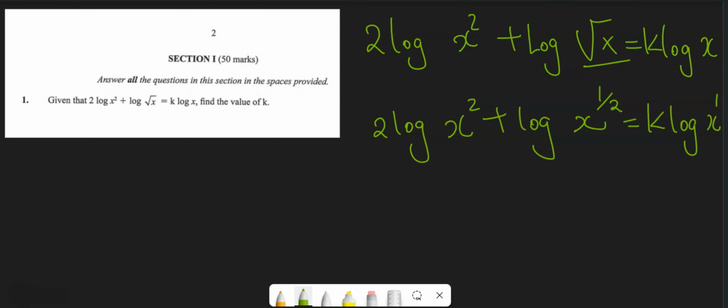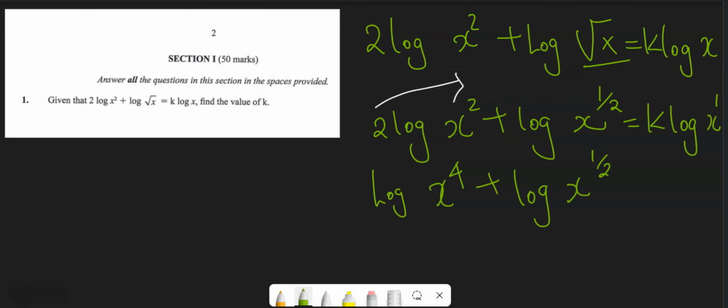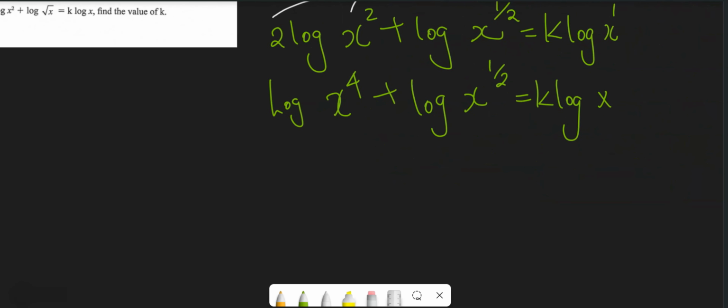We can still take this 2 to the top. How do you do that? This becomes log x power 4 plus log x power half equals k log x, isn't it? Now let's proceed.